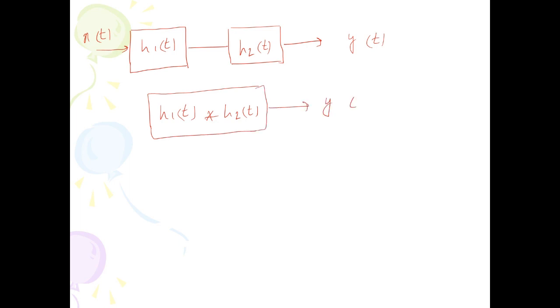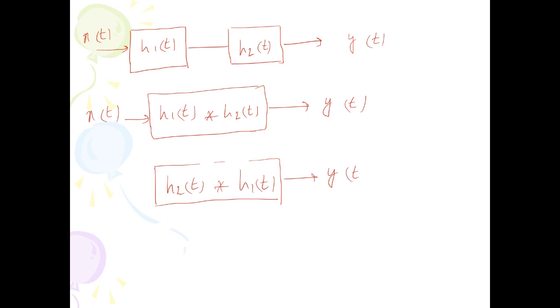This is the output y of t. Same thing: because convolution is commutative, we can interchange h2 of t convolution with h1 of t. This is the final output y of t, and this is the input signal x.